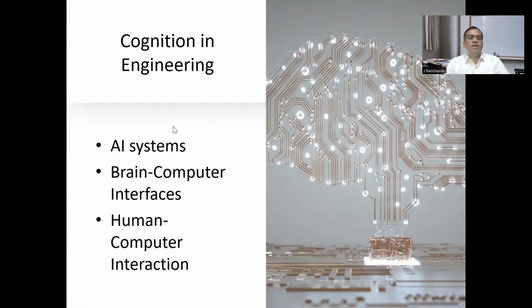Now, cognition in engineering. Cognition here can be used in AI systems. This cognitive science is very popular in AI systems as well as brain-computer interfaces and human-computer interaction.